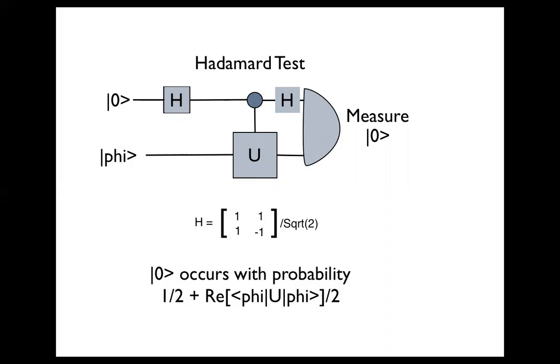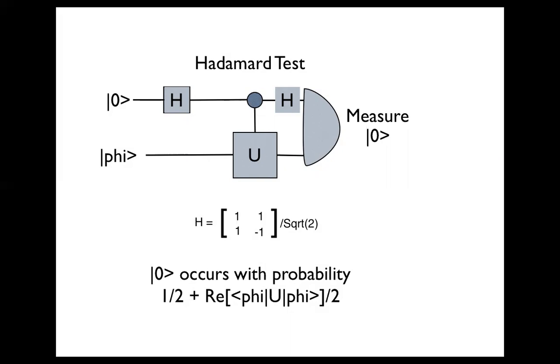I can either apply it or not apply it, depending on whether the input along this line to the little circle is 0 or 1. If it's 0, I will not apply U. It just means that the bottom line will be the identity. And if it's 1, U will be applied.